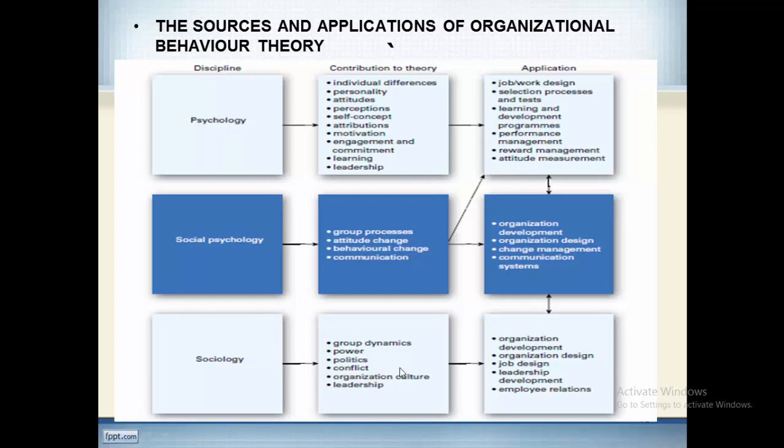And these are applied in the field of OB as organizational development, organizational design, job design, leadership and development, and employee relationship.